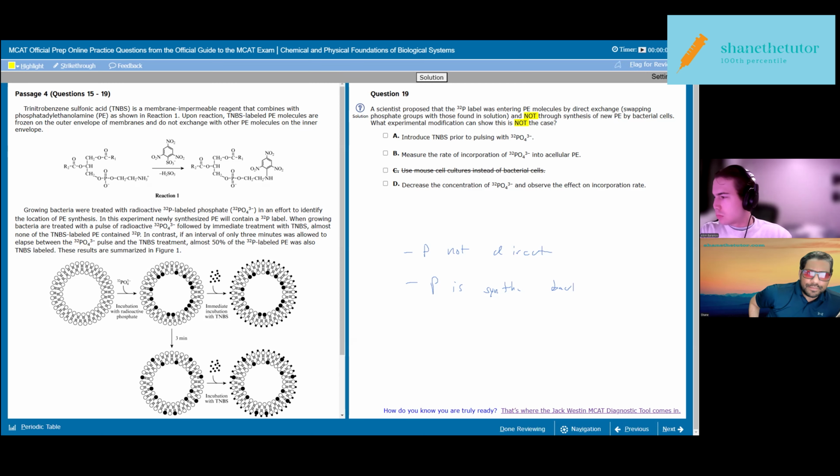And then if you add the phosphate after... Repeat it again, sorry, because I was writing down the reasons why C and D are wrong. Oh yeah. So okay, the phosphate is what labels it, and the TNBS is what, I guess, incorporates itself into that outer shell, outer envelope. Right.